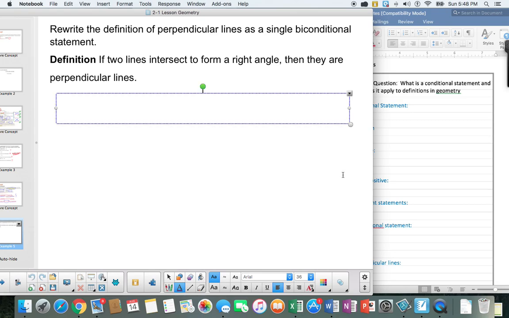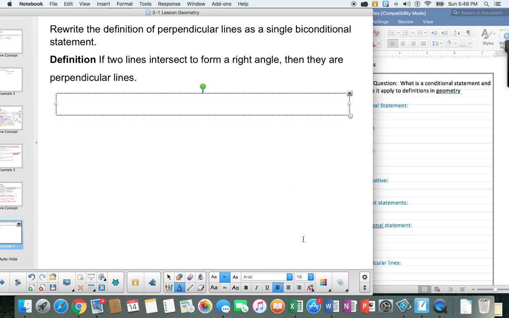If two lines form a right angle, then they are perpendicular. If two lines are perpendicular, then they form a right angle.